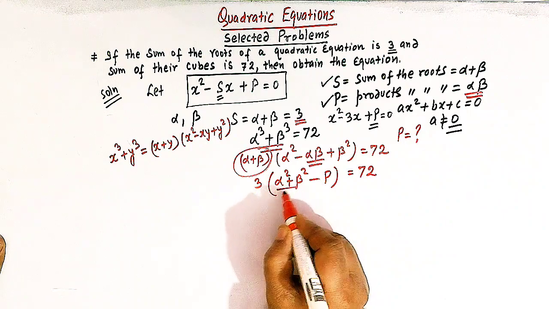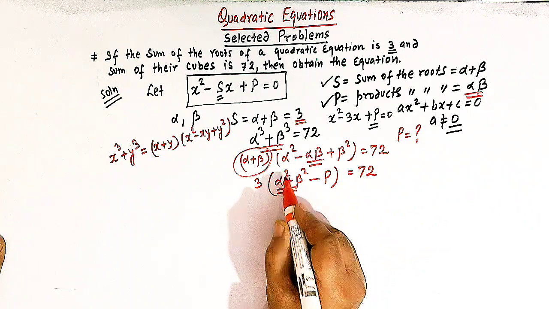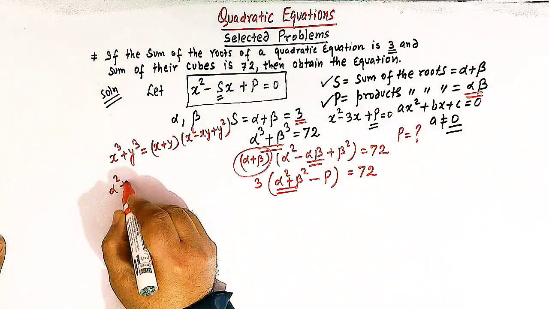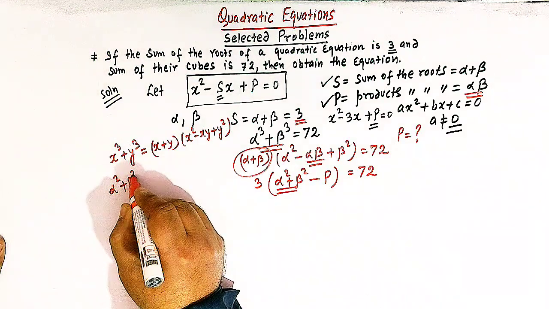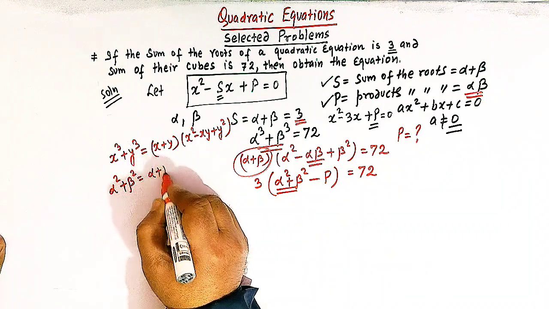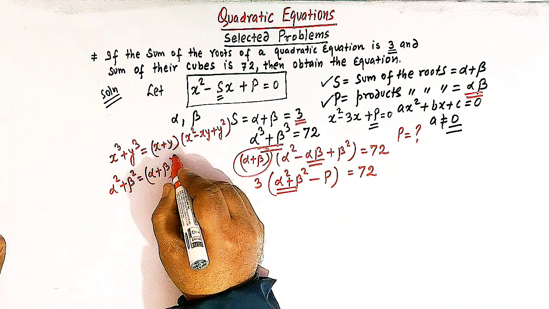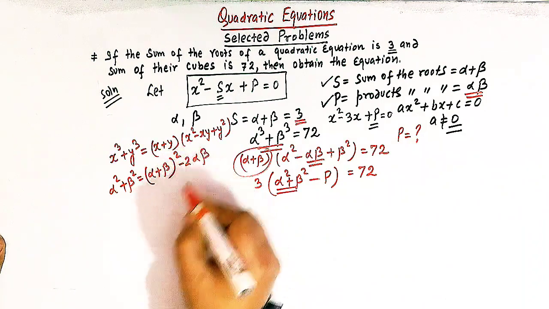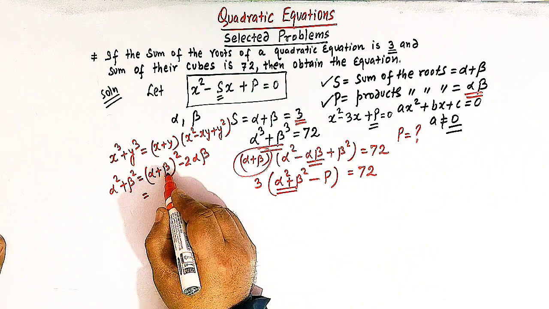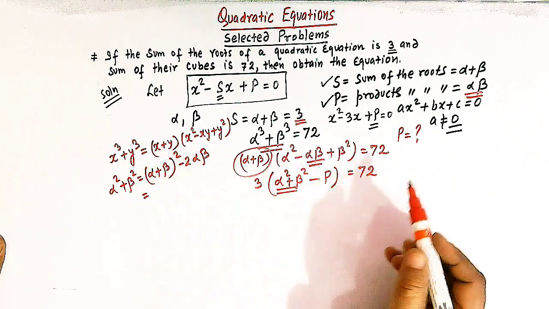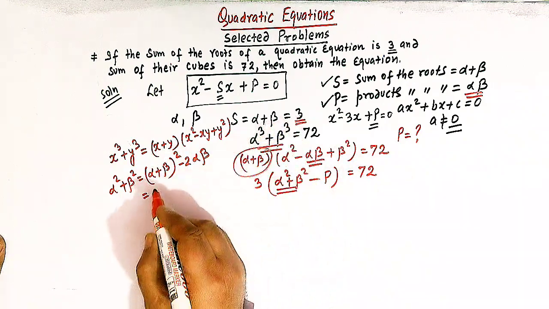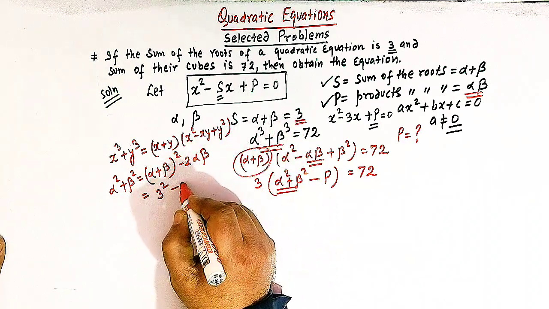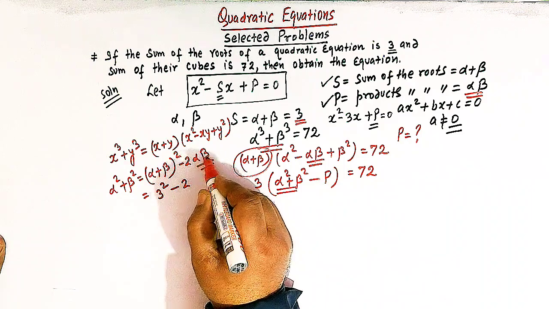Now we can easily find the value of alpha square plus beta square, because we know that alpha square plus beta square is given by alpha plus beta whole square minus 2 alpha beta, right? Now alpha plus beta whole square is 3 square, because alpha plus beta is 3, and we have minus 2 times alpha beta.